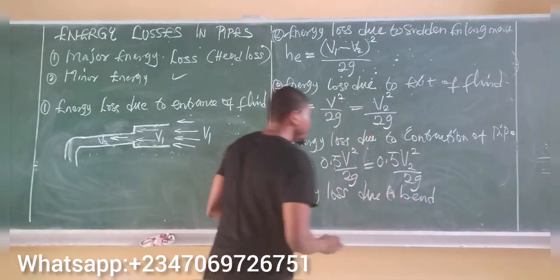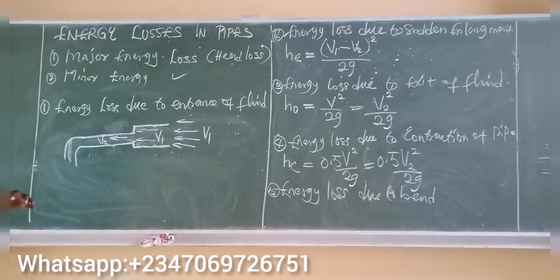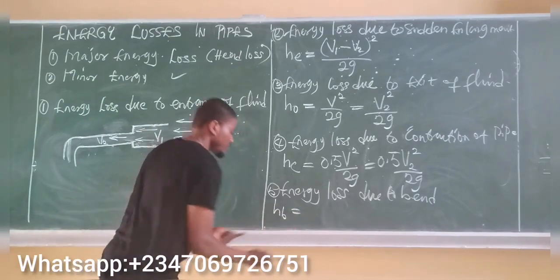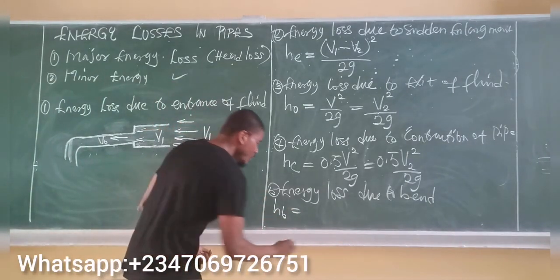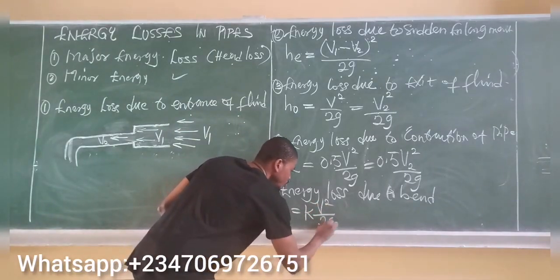If there's a bend on any part of the pipe and fluid flows through that bend, it's going to reduce the intensity of energy which the fluid is flowing with. That constitutes a minor energy loss, called energy loss due to bend. The formula to calculate that is HB, where B stands for bend and H represents head or energy loss, equal to K v squared all over 2g.